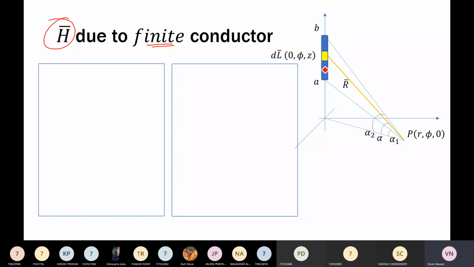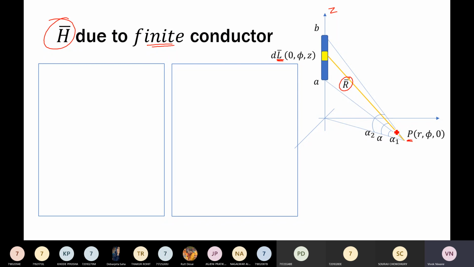We do have a current carrying filament on the z axis, and its z limits are from a to b, so z is equal to a to z is equal to b. We do have a vector r bar which is joining a very small length dl bar of the finite conductor and our observation point P.